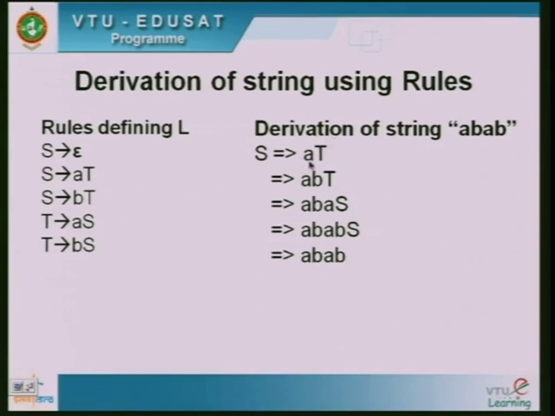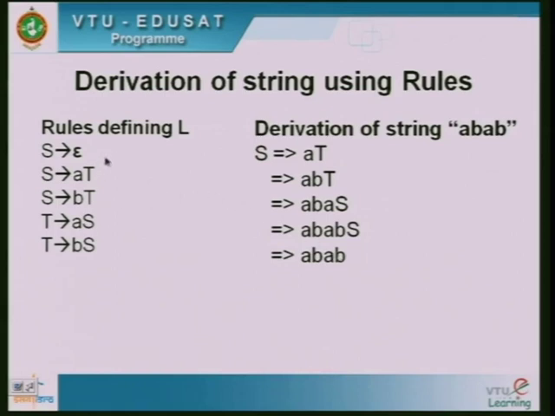Next, a is written as it is, and we have the rule T derives bS. So that rule we apply. Next, ab, and then S derives aT. Next, aba is kept as it is, and then T derives bS. Finally S derives epsilon is applied, and we have the string abab.